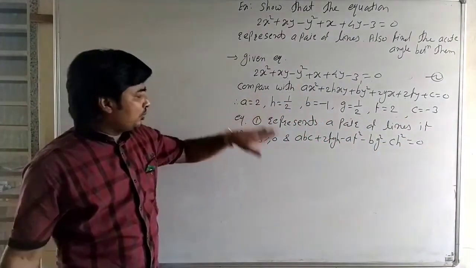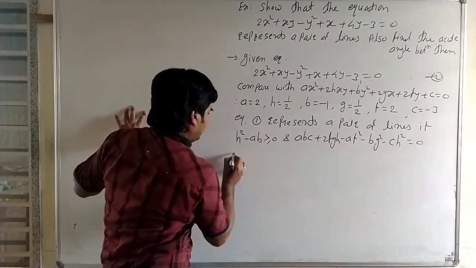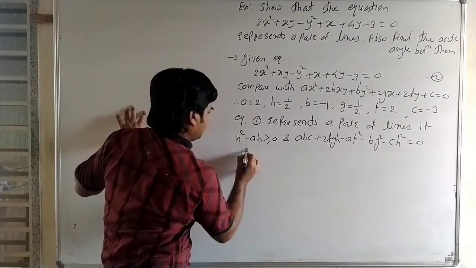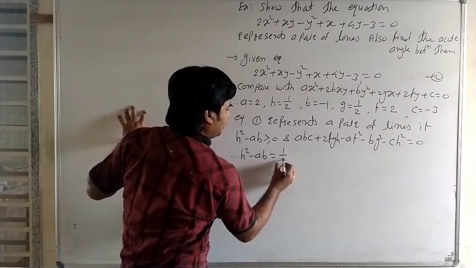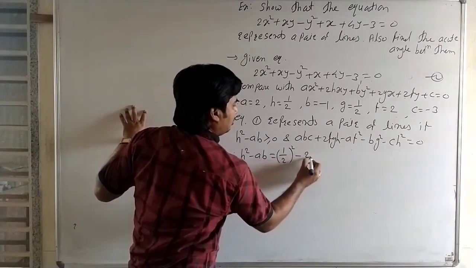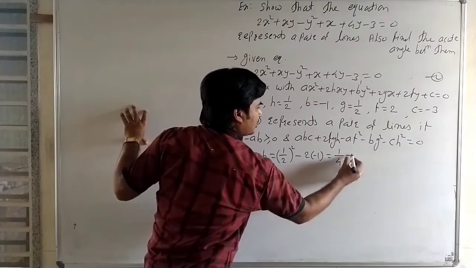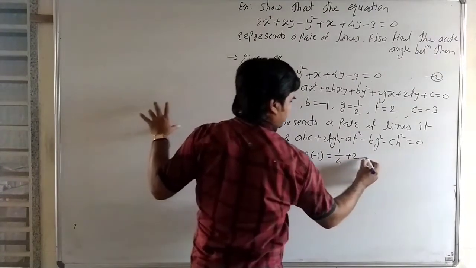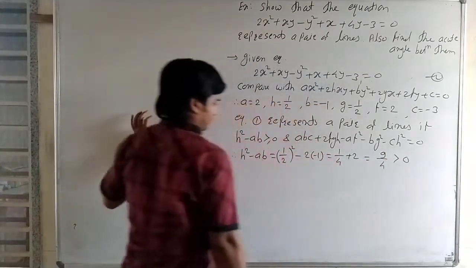Equation 1 represents a pair of lines if this condition is satisfied. Therefore, first find h square minus ab. H square, it is 1 by 2 square minus ab, 2 into minus 1. Therefore, 1 by 4 plus 2, and that is 9 by 4, which is greater than 0.